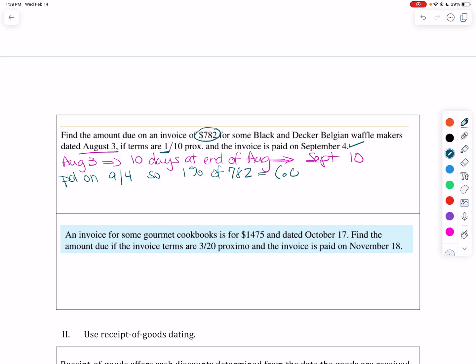So 0.01 times 782 is $7.82. So the amount due is 782 minus $7.82, and that leaves us $774.18.